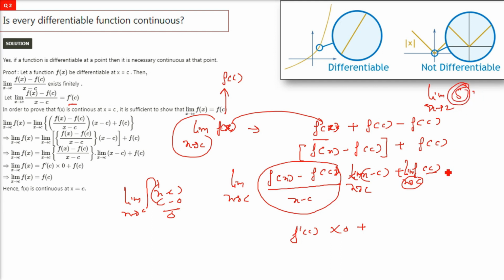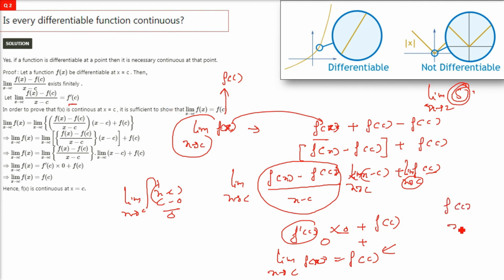It will always be 5. So just keep it as f(c). f dash c into 0, anything with 0 will be 0. So you get f(c). And what did I tell you in the beginning? That if limit x tends to c f(x), we can prove it to be f(c), then it is sufficient for us. So we have proved it. f(x) is continuous at x equal to c. You just have to do or prove this, and that will be sufficient.